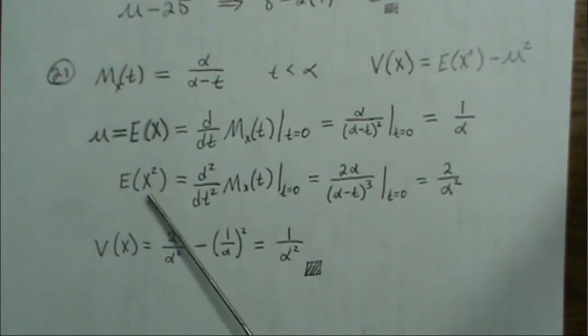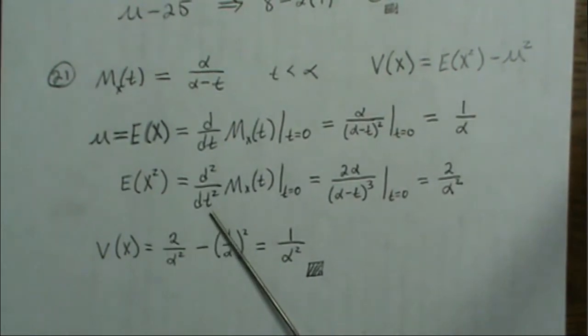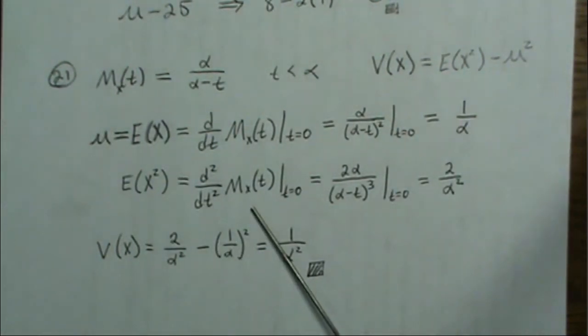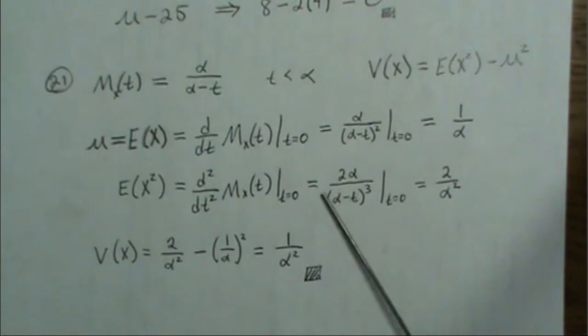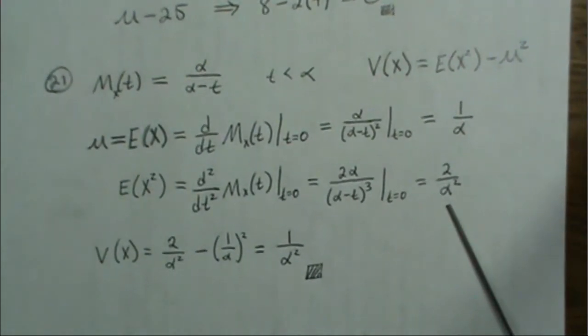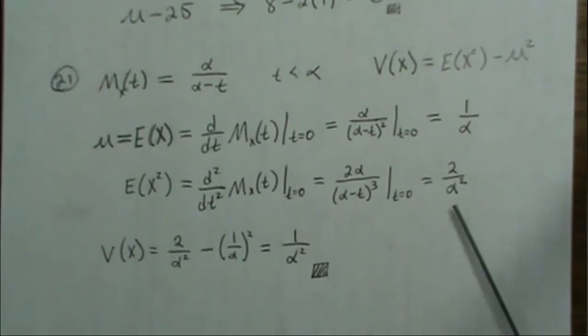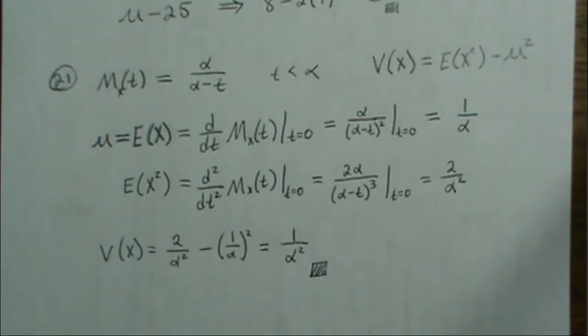Now to calculate the expected value of x squared, that's the second derivative of the moment generating function evaluated at t equals 0. So we get this, evaluated at 0, we get 2 over alpha squared. So the variance is the expected value of x squared minus the mean squared, so we get 1 over alpha squared.